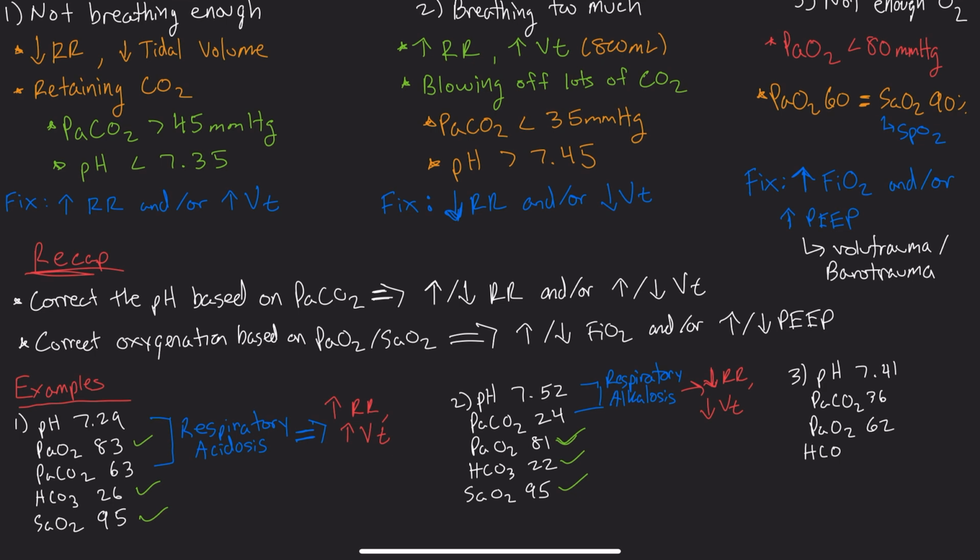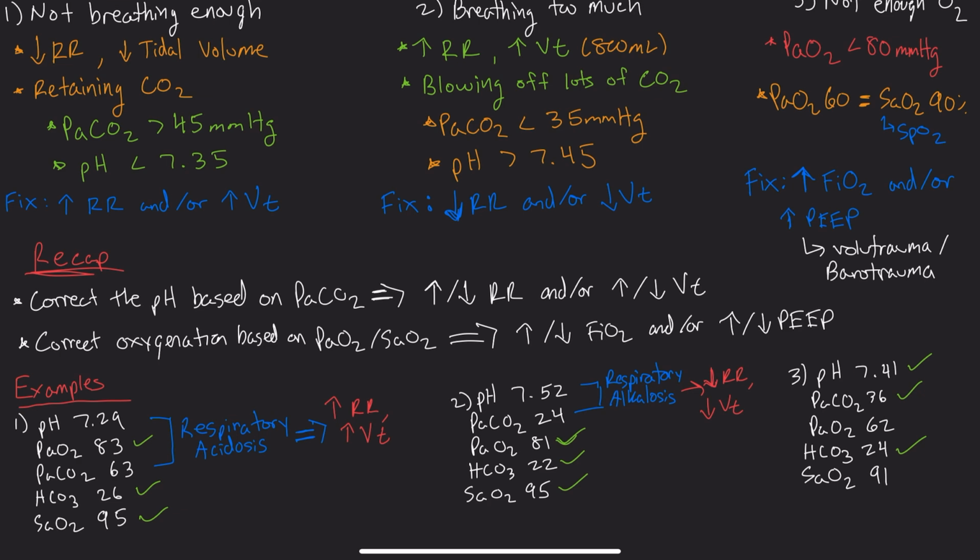A bicarb of 24. And an oxygen saturation of 91. Okay, so we go down here, 7.35 to 7.45, perfect. 35 to 45, yes. 80 to 100, no. Bicarb 22 to 26, yes. SaO2 95 to 100, no.